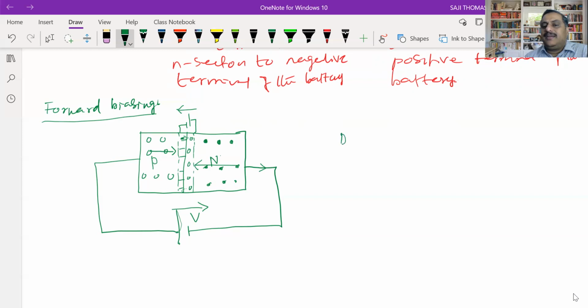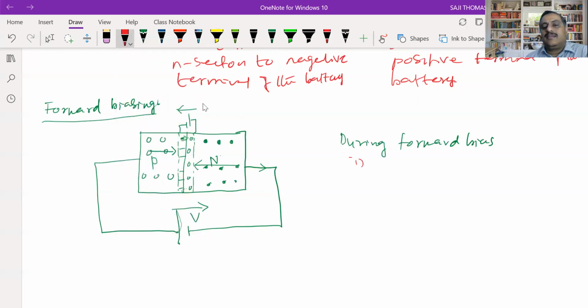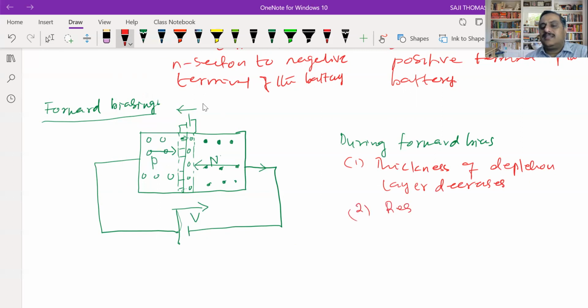So when the thickness of the depletion layer decreases, the resistance of the diode decreases.